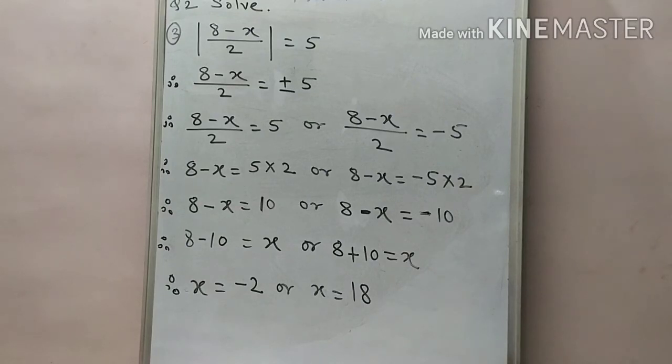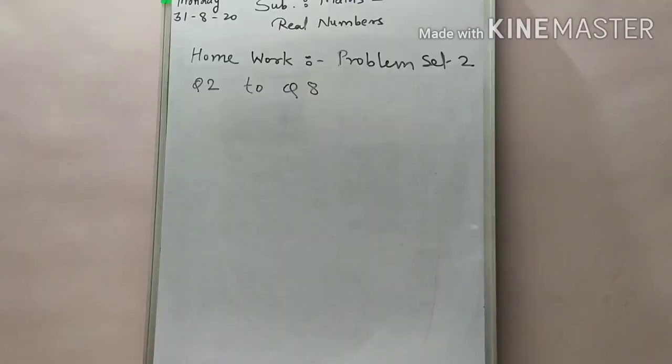Okay students, and that fourth one I will keep as your homework. So here we finish our second chapter, the real numbers, and as you see on page number 34-35 we have some examples for practice in problem set 2.